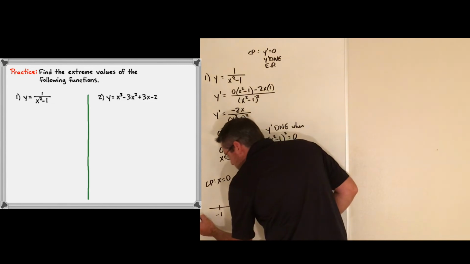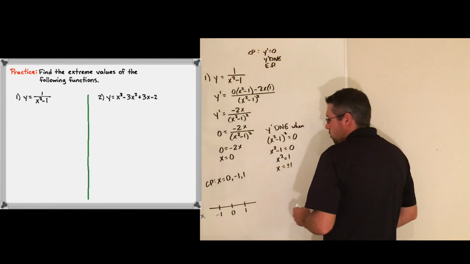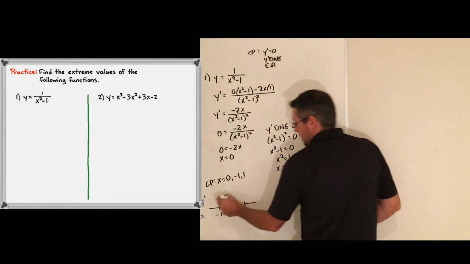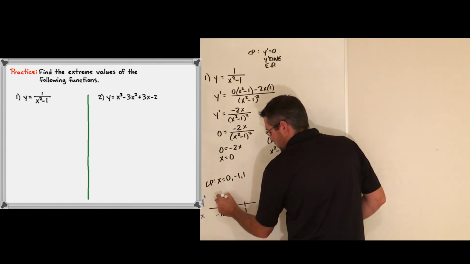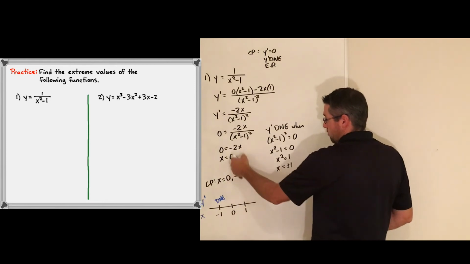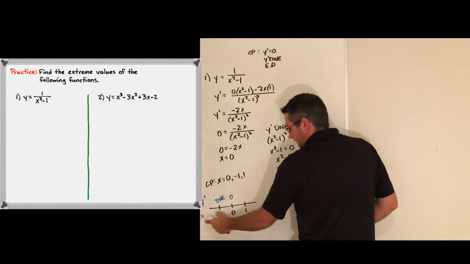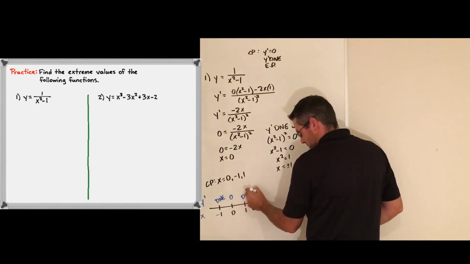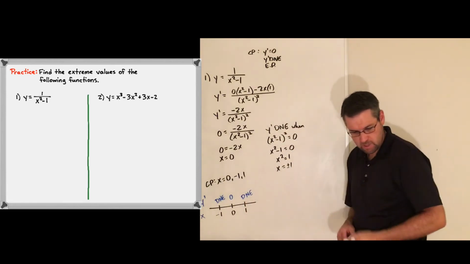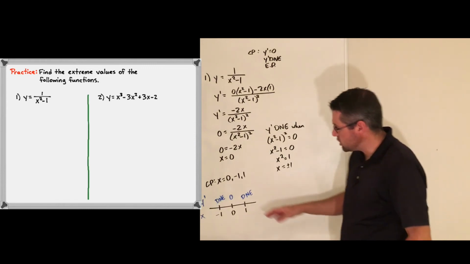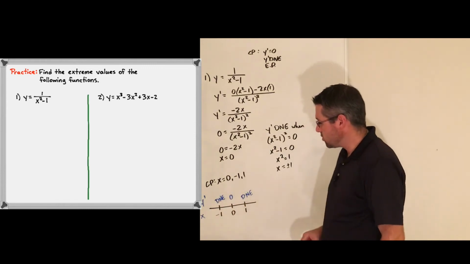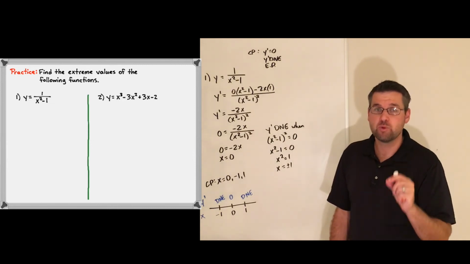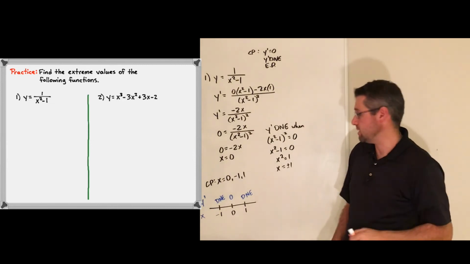When x is -1, y prime does not exist. When x is 0, y prime is 0. And when x is 1, y prime does not exist. Those are my 3 critical points. Now I need to check the signs of the derivative within those intervals, because extrema occur when the derivative changes signs.